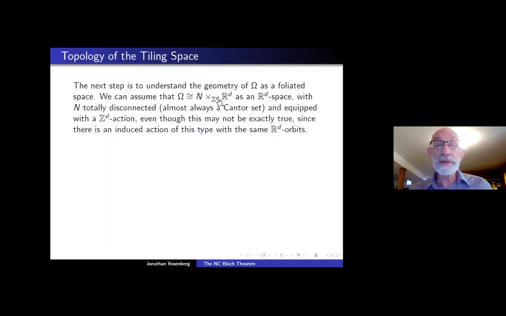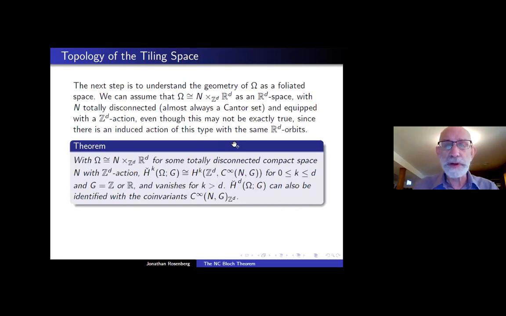So you have a Z to the d action on N, which is typically a Cantor set, and then you induce up that action to R to the d, and that's what omega looks like. So anyway, without great loss of generality, you can always assume we're in this situation. So N is a Cantor set, and you have this Z to the d action on N, and then you induce it up to an R to the d action. That's what omega looks like.